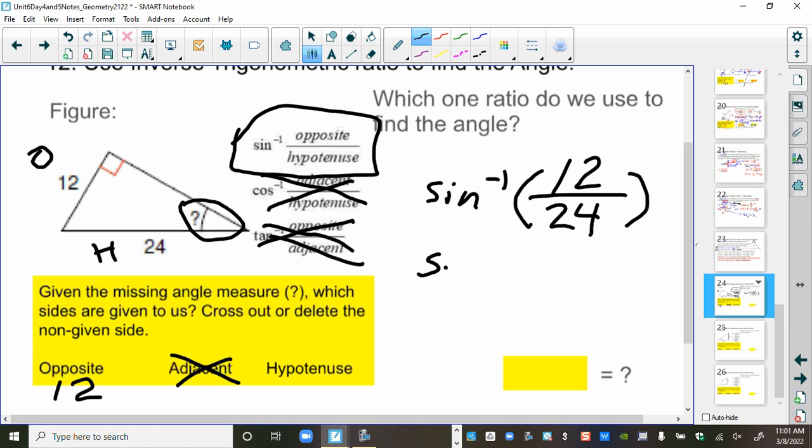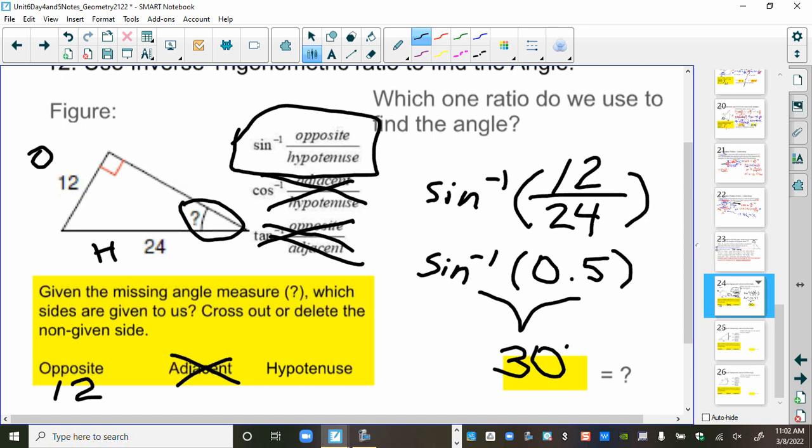Now, some of you could have just said, oh, sine of 12 over 24 is exactly 0.5. You could have done it that way too. But in the end, yep, your angle measure is going to be 30 degrees. So, the inverse sine of 0.5 or 1/2, exactly 30 degrees.